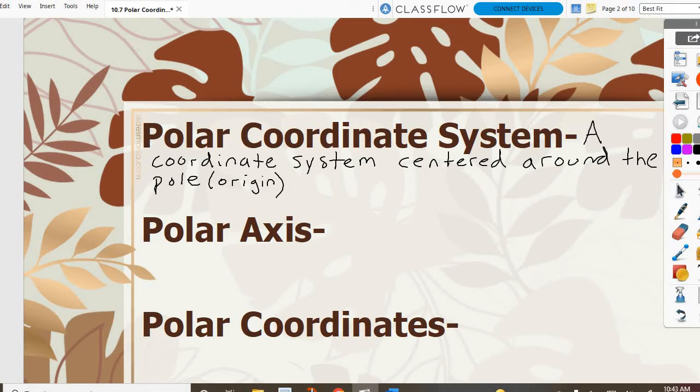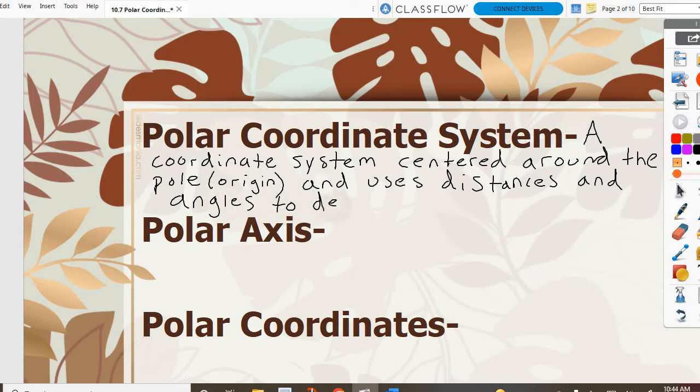And it uses distances and angles to describe points.